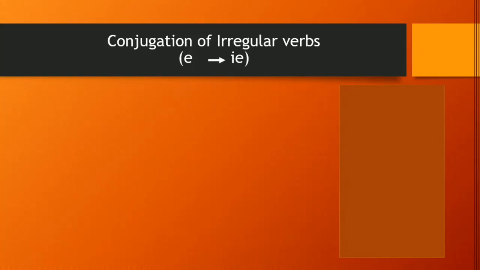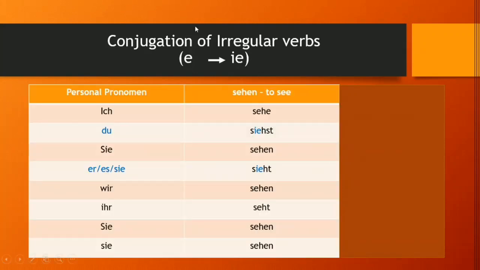So the other irregular verb is sehen, which means to see. And over here, E changes to IE in the Verbstamm, for du and er/sie/es.